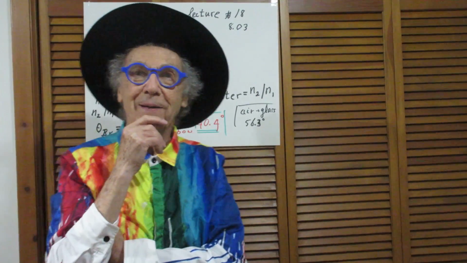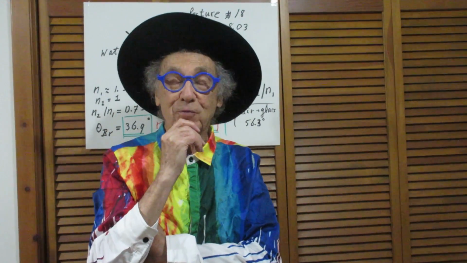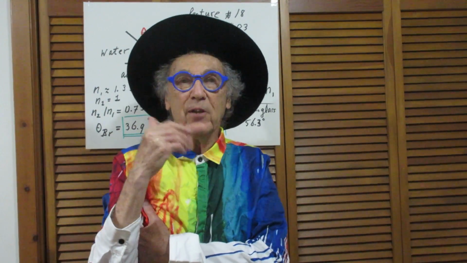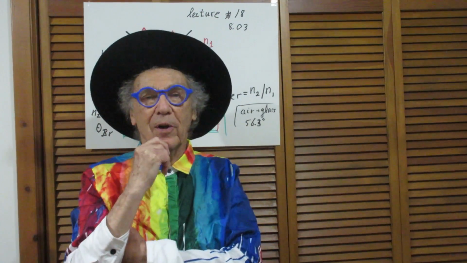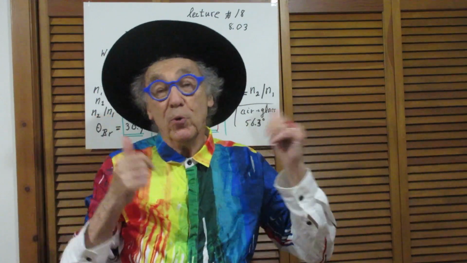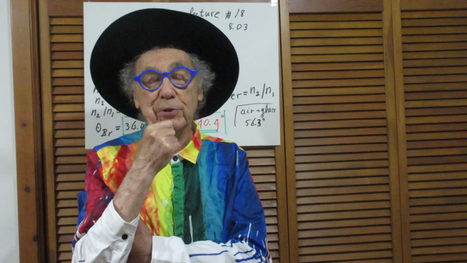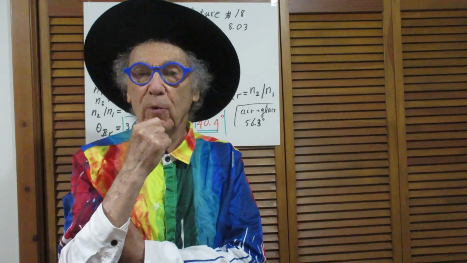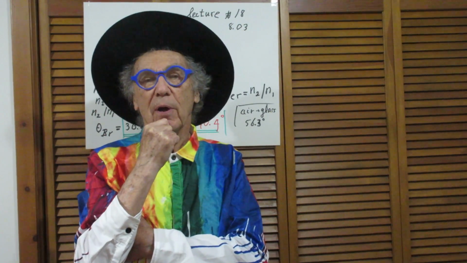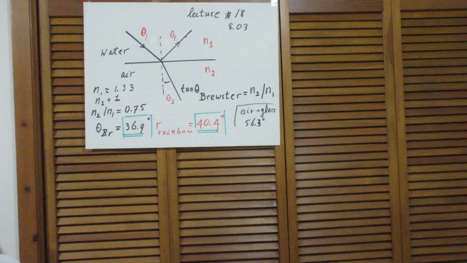And that is why the light is almost 100% polarized. It's very strongly polarized. It's also true for the secondary bow, but I didn't discuss that in any detail, because what counts here is the principle. But you can go over the exercise for yourself to see how close the reflection is when we deal with the second rainbow, how close that is again to the Brewster angle, which is 36.9 degrees.